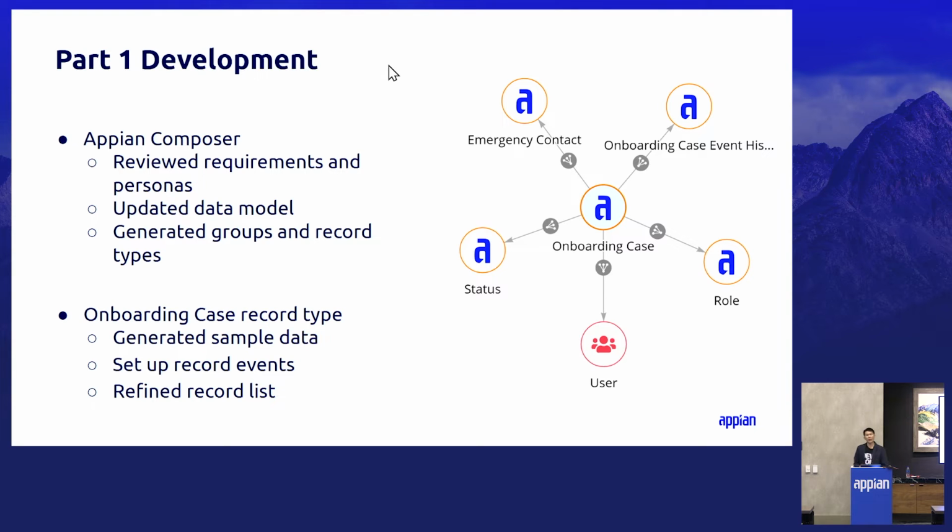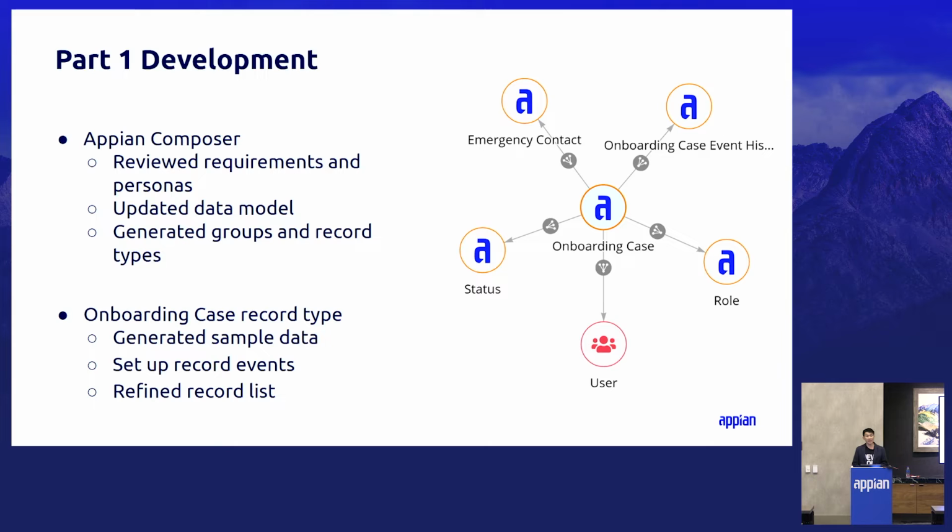Okay, so let's review quickly what we did in part 1. We introduced Appian Composer, which is amazing because remember, Appian Composer is our new AI Copilot that allows you to generate plans with requirements. It gives you suggestions for your personas and your data model as well, and you can also use it to generate objects, which we did in part 1.